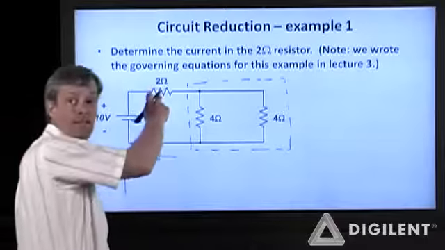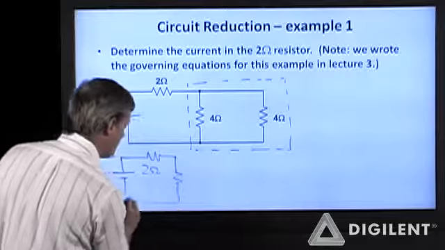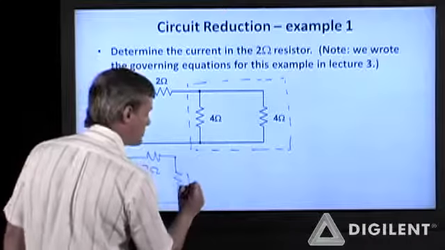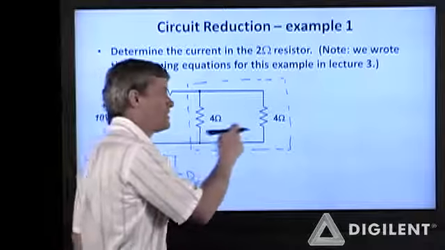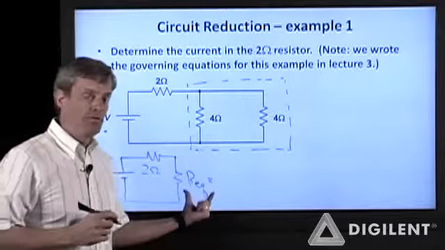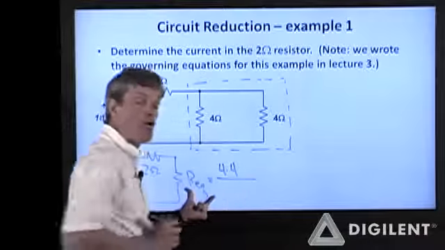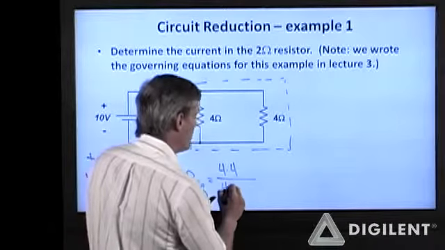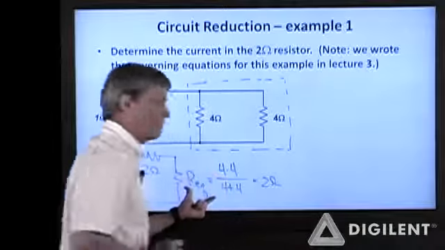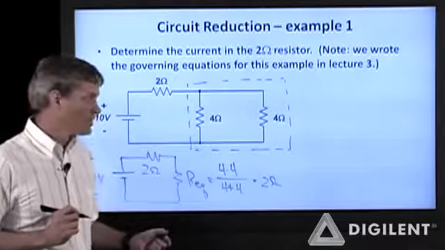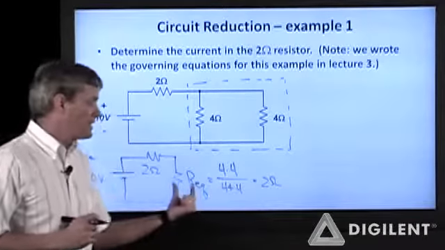I haven't done anything with my 2 ohm resistor yet, but I'm going to replace these 2 resistors with a single equivalent resistance. For the special case of 2 resistors in parallel, the equivalent resistance is the product of the 2 resistances, 4 times 4, over the sum of the resistances, 4 plus 4, 16 over 8 is 2, so the equivalent resistance is 2 ohms.